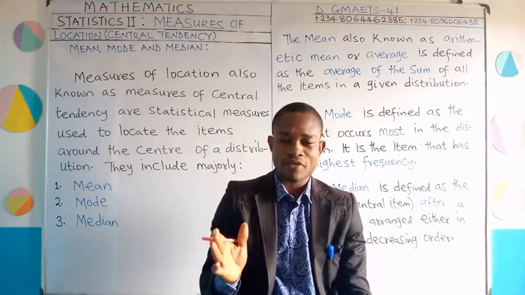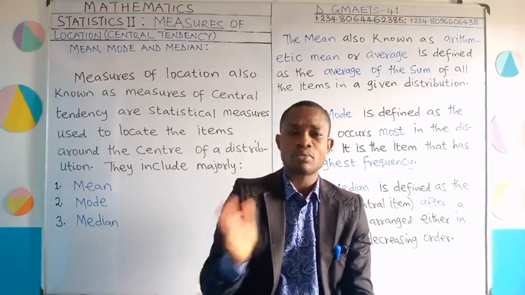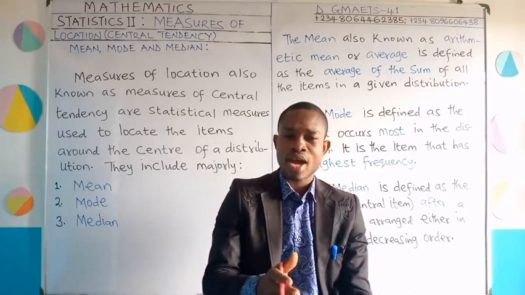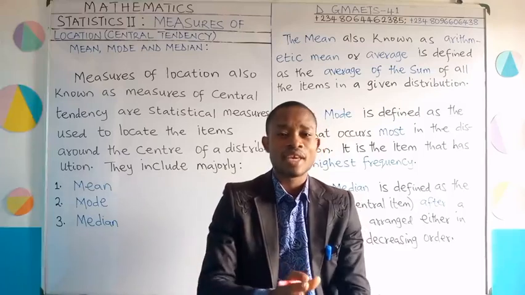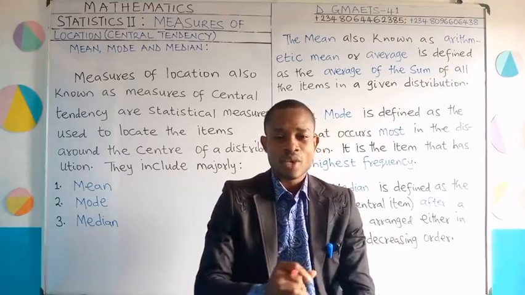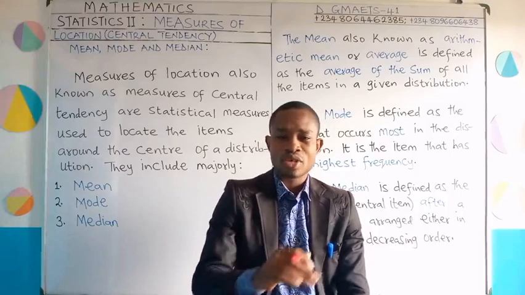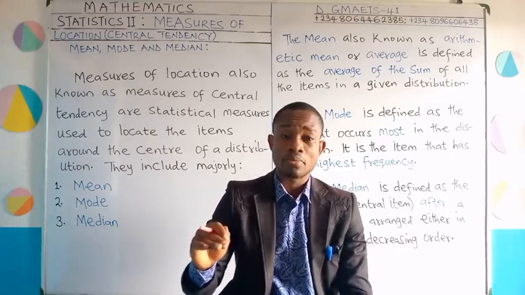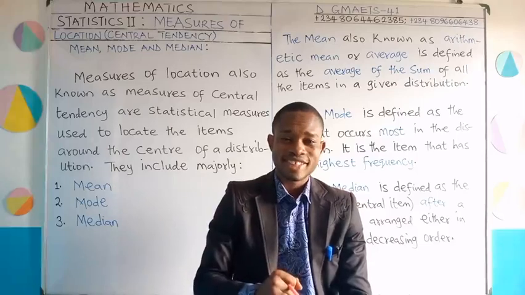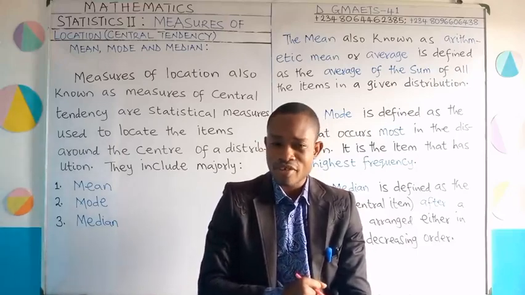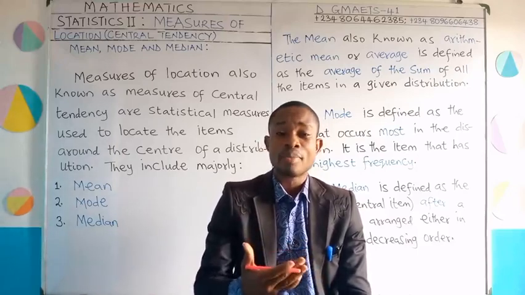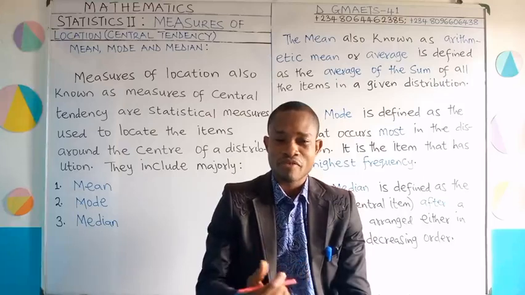So if mean is defined as the average of the sum of the items, we are expected to take the sum of the items first, that is, add them together. Then when you hear average, you are going to divide this sum by something. You use the number of the items to divide it.